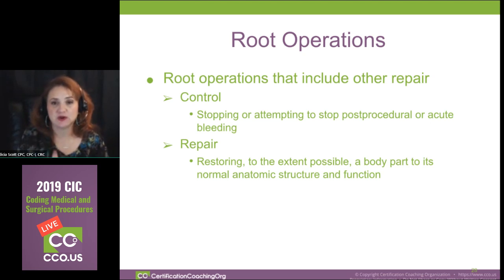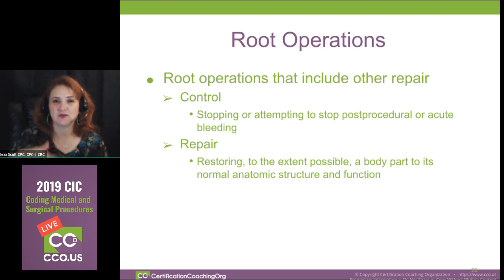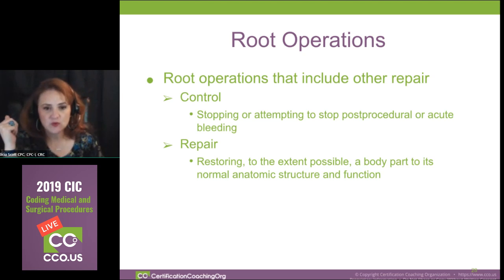So it's either stopping or attempting to do it. And it always has to do with something post-procedural or acute bleeding. So if a person has blood in their stools due to a gastric ulcer that's hemorrhaging, is that going to be under control? No, because it's not acute bleeding. That's something that's kind of chronic that goes on for a long time.